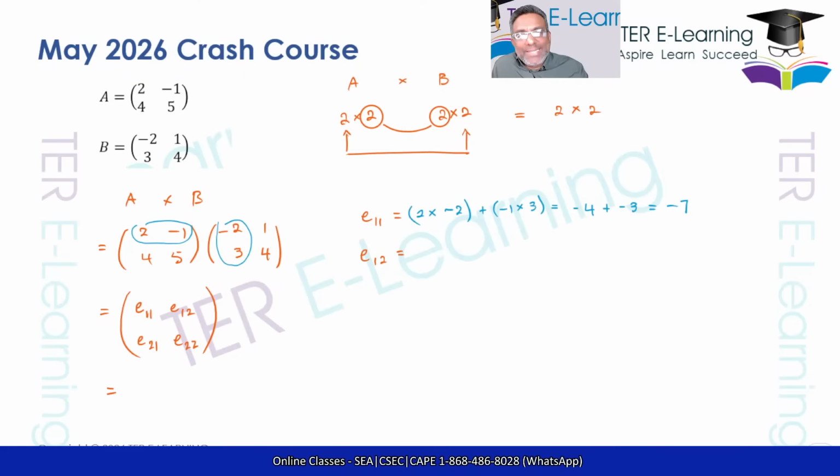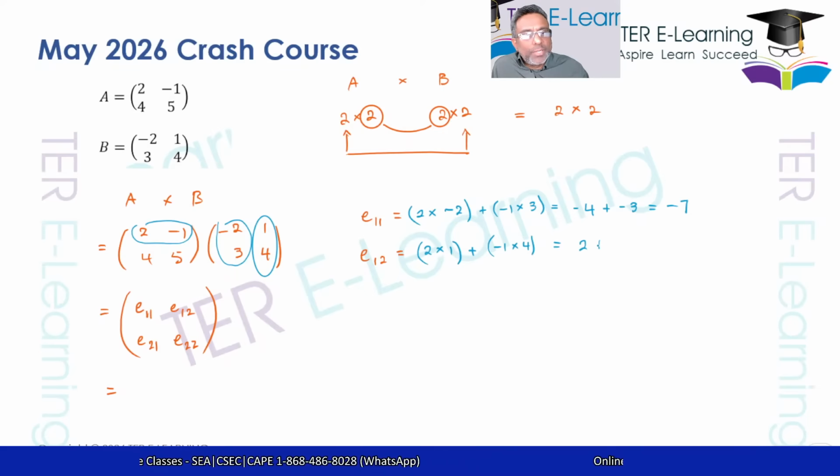We're going to take the same row from the first matrix, but this time I'm going to switch to this column here. When I multiply this, it'll be 2 multiplied by 1 plus minus 1 multiplied by 4. So 2 by 1 gives us 2, plus negative 1 by 4 gives us negative 4. So 2 minus 4 gives us minus 2. That's our second number here.